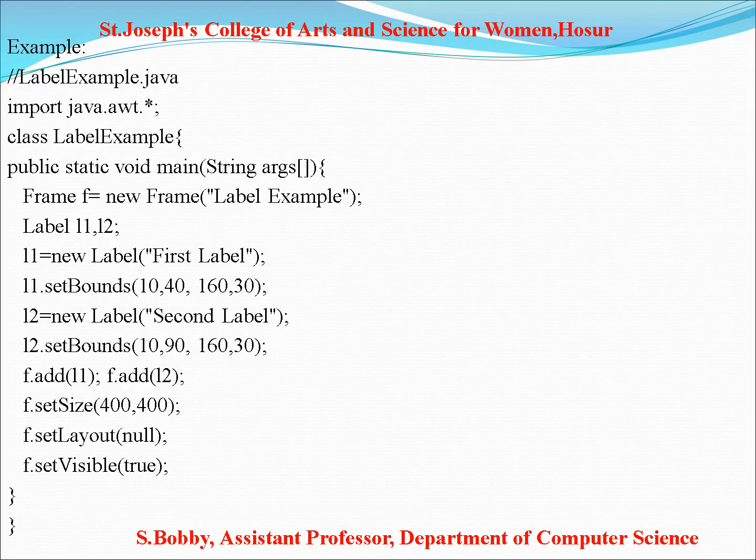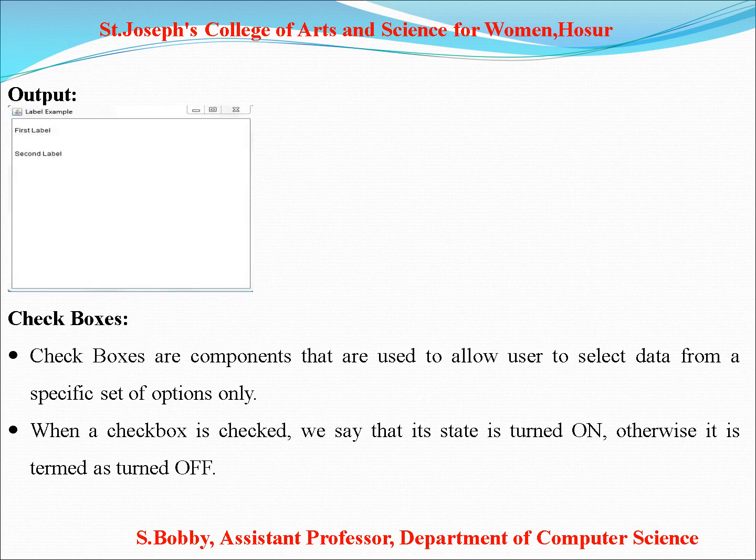Import statement, class label, main method, creating the frame, then labels L1 and L2, L1 new label, first label, then set bounds, and second label, set bounds, then adding the labels, set the size, set layout, then set visible. So this is the output of label.